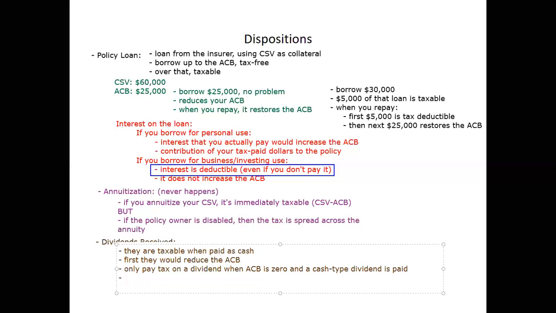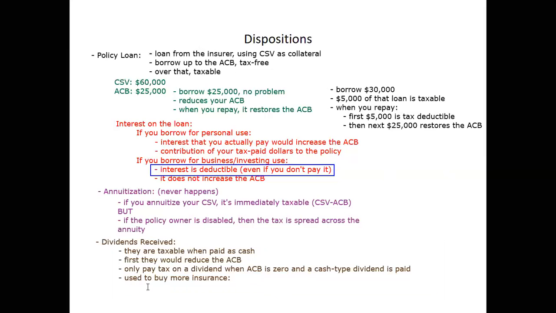Anybody do any par whole life? And what do you normally do, Chris? I'm assuming with most par whole life today, it's what I almost always see. Yeah, you always do paid up additions, right? And there you don't have a dividend paid as cash. So if it's used to buy more insurance, that's a little bit different. Basically, that's a wash from ACB purposes.